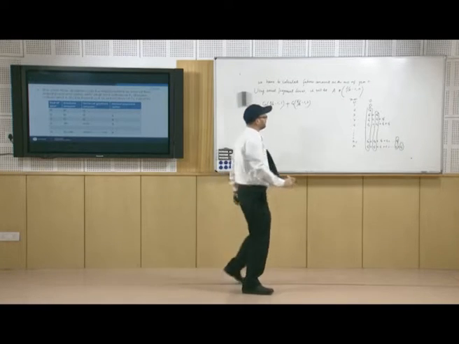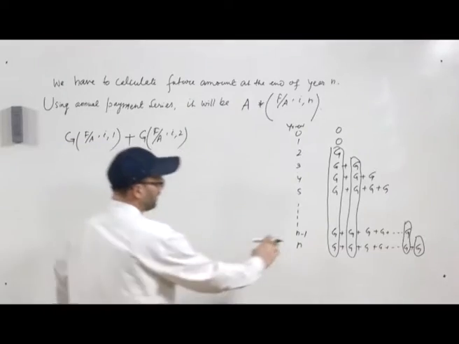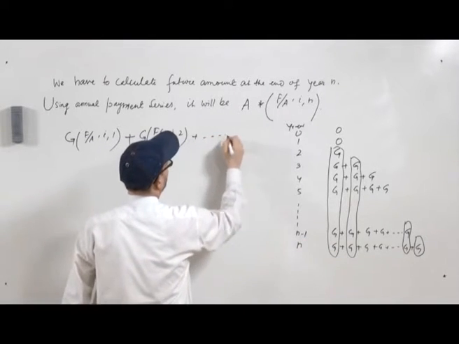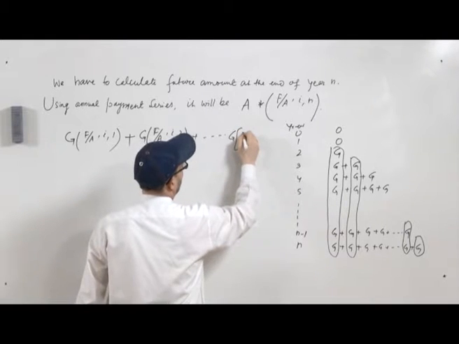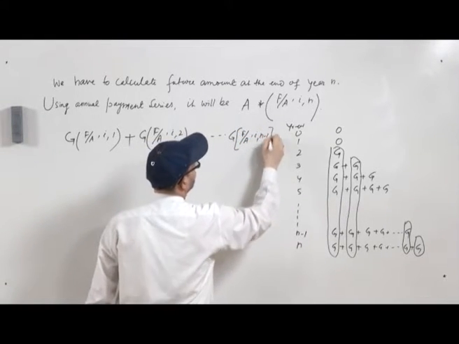So, this way it will move and it will go up to g times f by a I n minus 1.